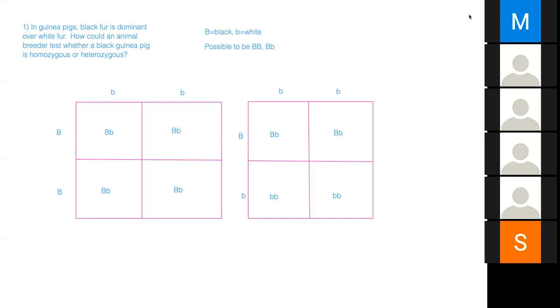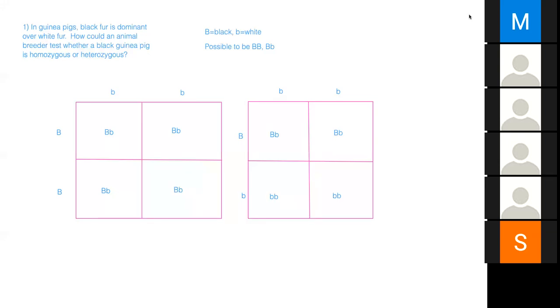Okay, so this is how you determine whether you started with an animal that is homozygous or heterozygous. When you cross them with a known homozygous recessive, if they are homozygous dominant, they will be nothing but heterozygotes that are all black. So if you bred a sufficient number of these and you ended up with only black, you could assume that the parent was homozygous dominant.